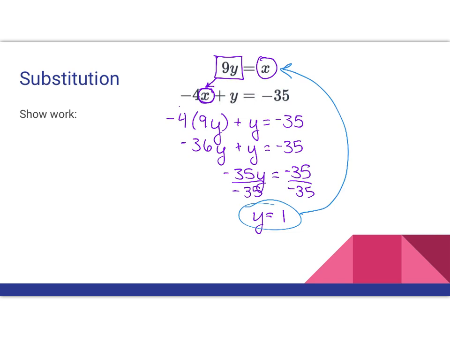And that will give me x is equal to 9y. And I know my y is 1, so x equals 9 times 1. x equals 9. So my answer gives me (9, 1), along with putting the parentheses around it.